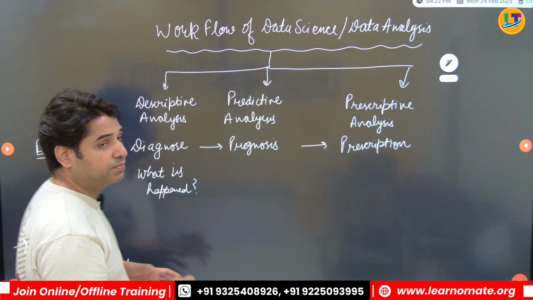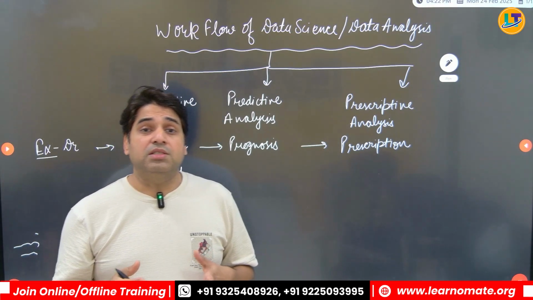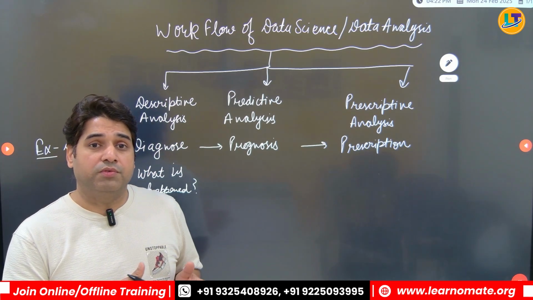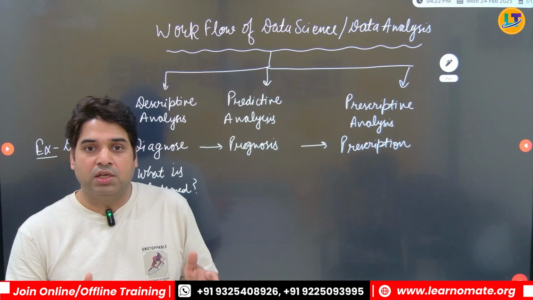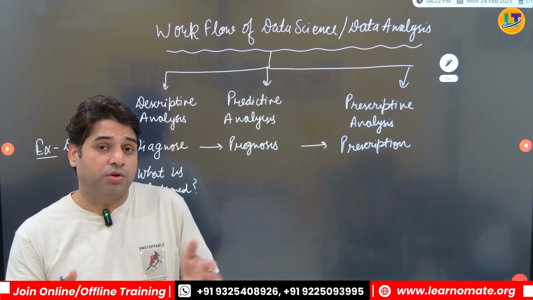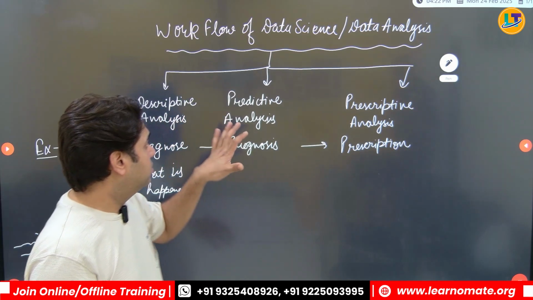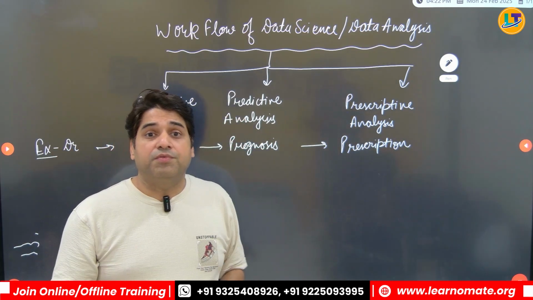Now come to prognosis. Prognosis is predictive analysis, meaning prediction: what can happen in the future. If you go on with this way of lifestyle and you're not going for the medication, you will have some problems in the future. So this is our predictive analysis. On the basis of data, we will predict.